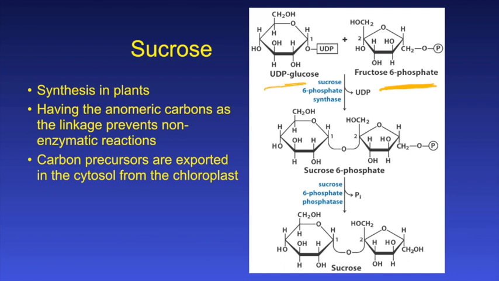How in the world do I get this glucose UDP? What is the power molecule here before I get to that? UTP. So I utilize a whole different pool of energy to go to sucrose rather than to go to starch.